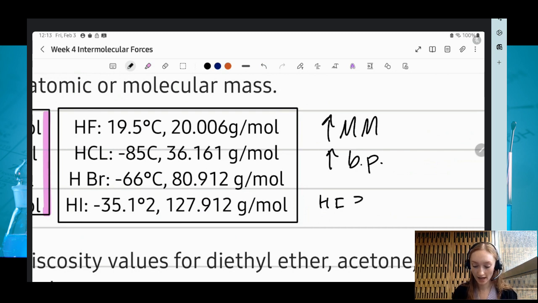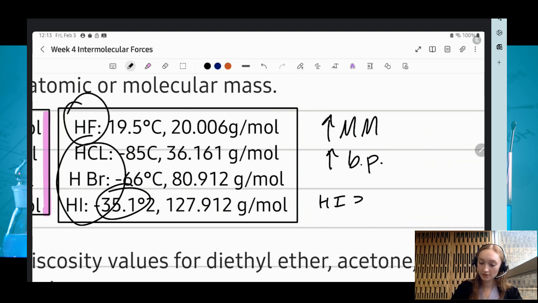These three right here do not have hydrogen bonding, but they do have dipole effects. HF has hydrogen bonding, so HF is going to be first because of the hydrogen bonding. So I'll say high bond.